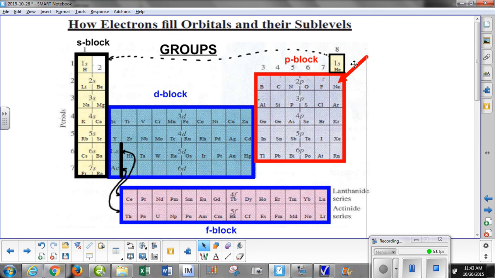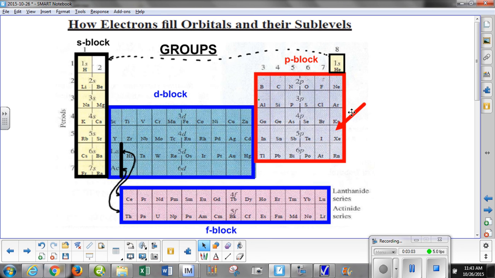Okay, the orbital notation is what I called it on the chart. So if we were to do indium, what is the noble gas going to be, class? Krypton, right. One up and over to the end, and that gives us krypton.